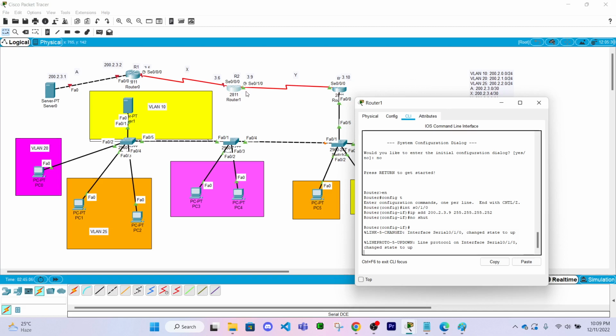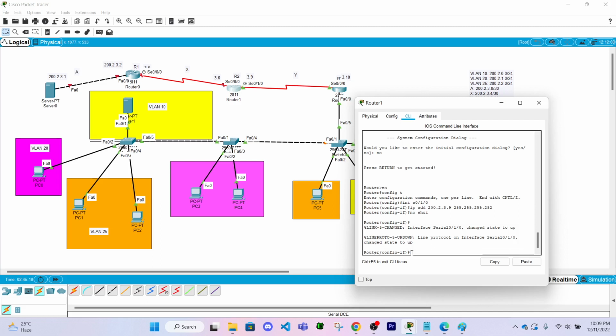Then again in Router 2 there are two interfaces, serial 0/1/0 and another 0/0/0. So again, enter, and we configure the interface 0/0/0.